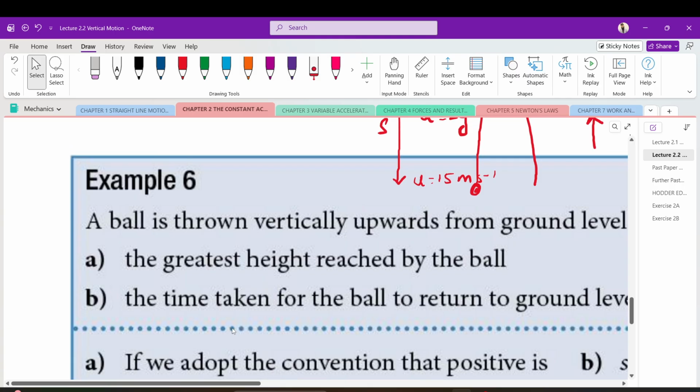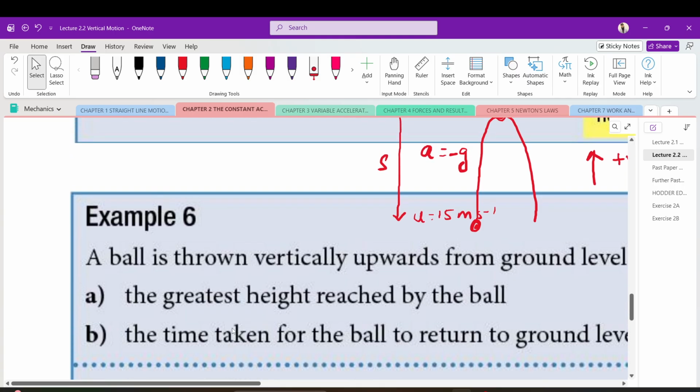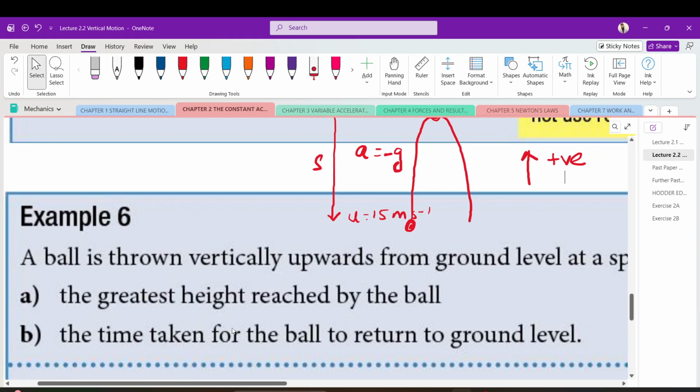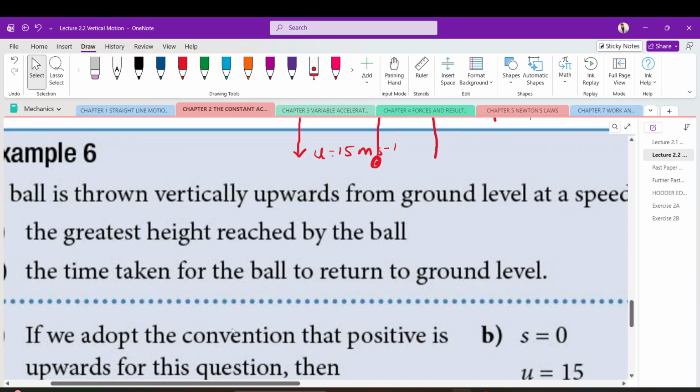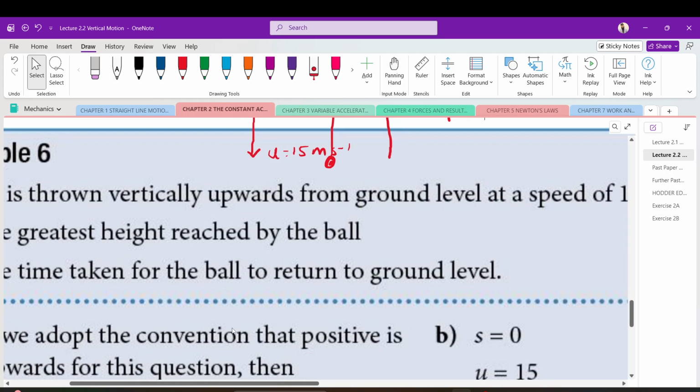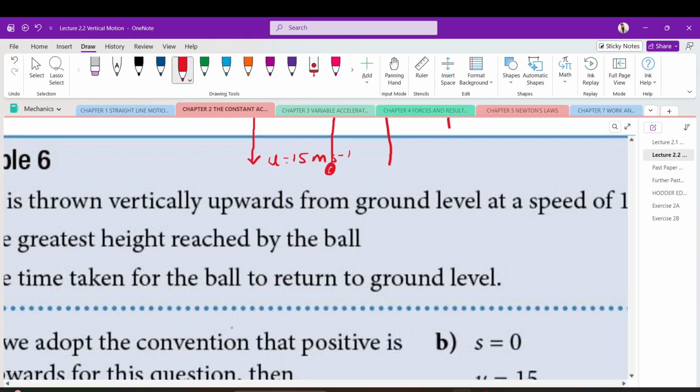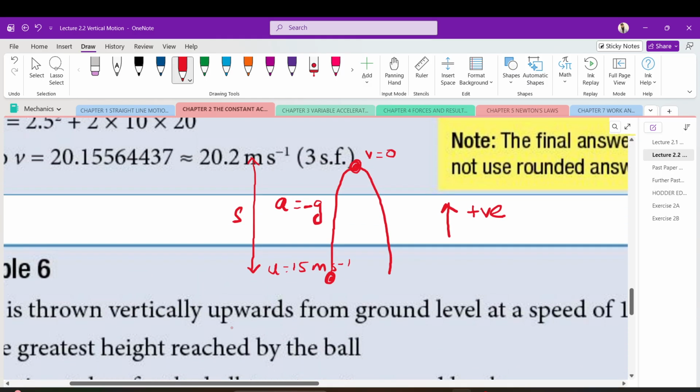All right, part B: the time taken for the ball to return to ground level. So you need to find how much time it takes for the ball to return to ground level. Similarly, in this case, s is equal to 0. Why? Because the ball starts from the ground, goes all the way up, reaches the greatest height, and then comes back down.